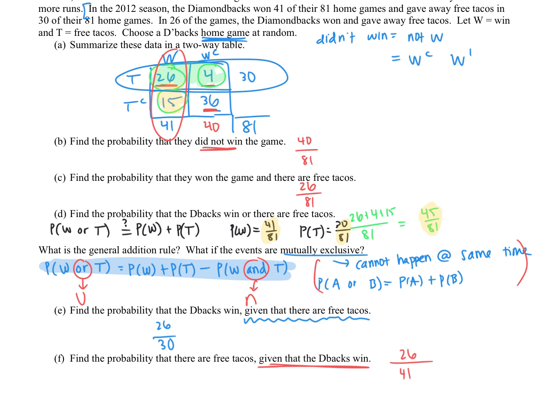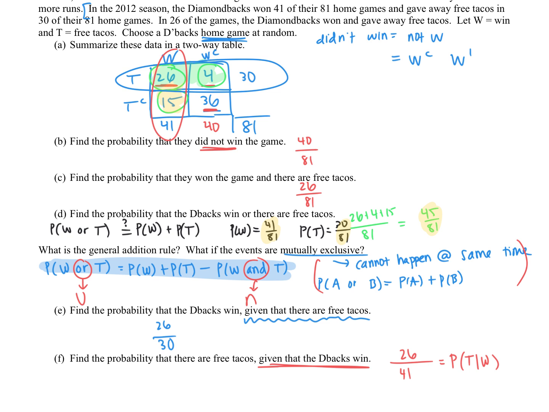Now, I want to show us how to put that in notation. If it says, given the Diamondbacks win, this is the way to show that. So, given the Diamondbacks won, what is the probability of free tacos? It goes like that.